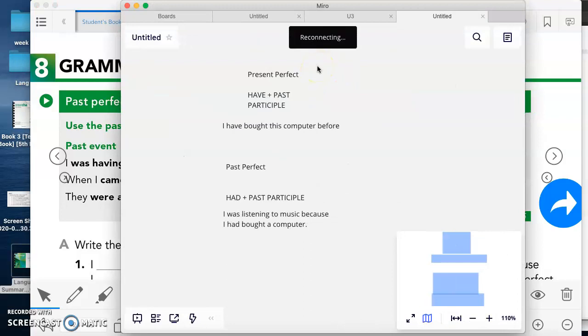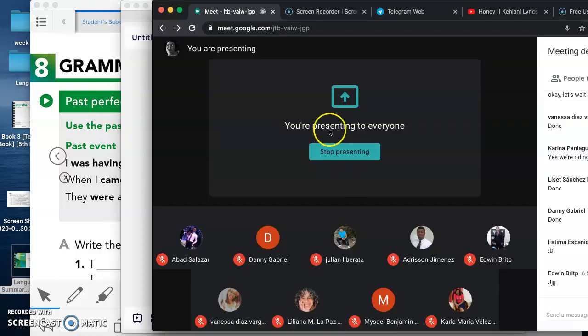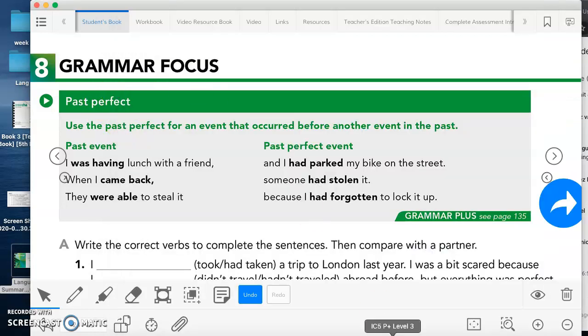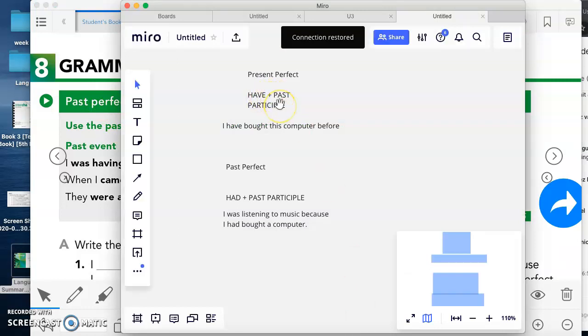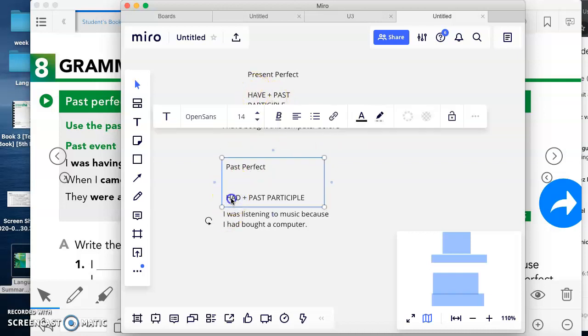Also, for you guys to keep in mind, if you remember the present perfect, you know that the present perfect is constructed with have and then the past participle of the verb. So I can say, for example, I have bought this computer before. Then the past perfect, instead of using have, we are using had.